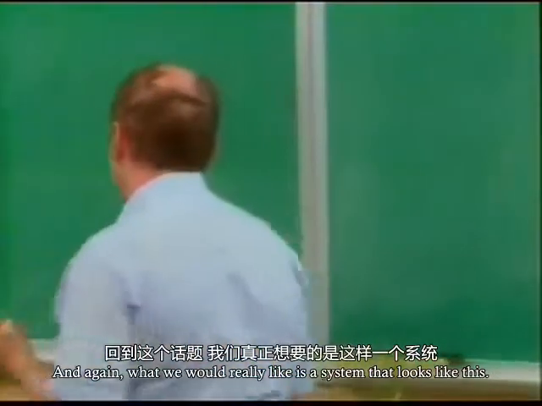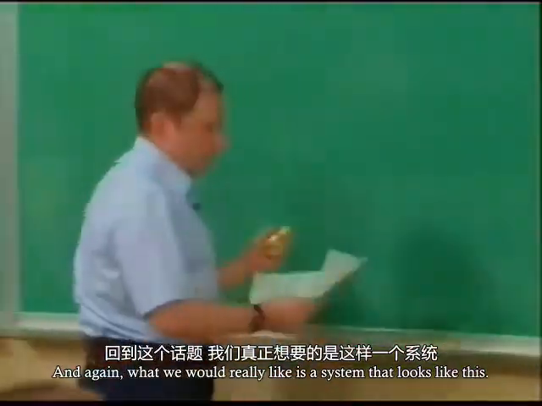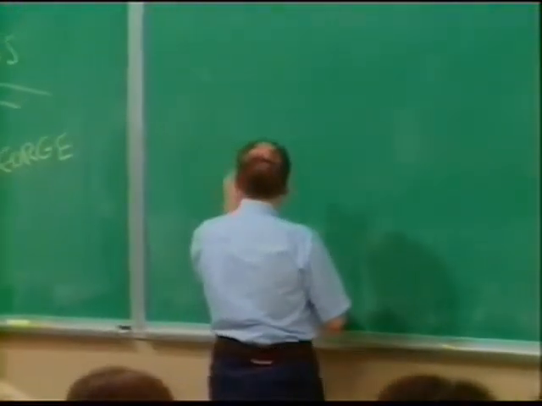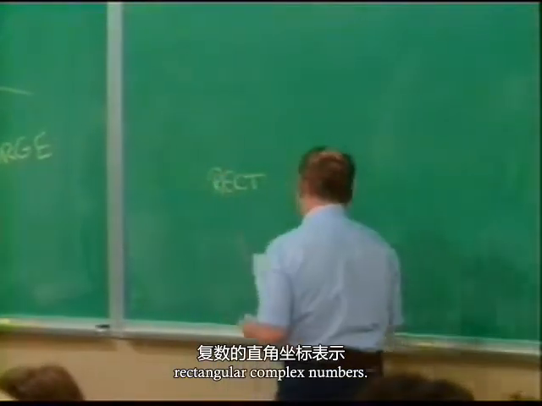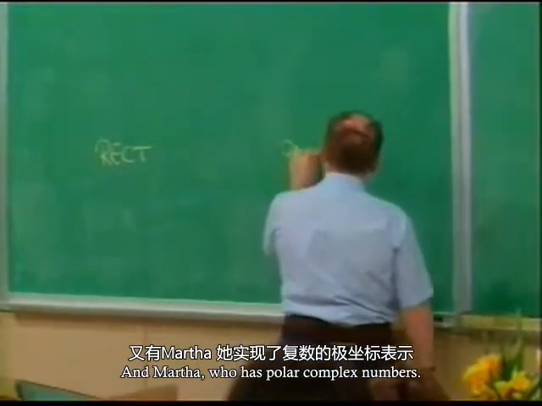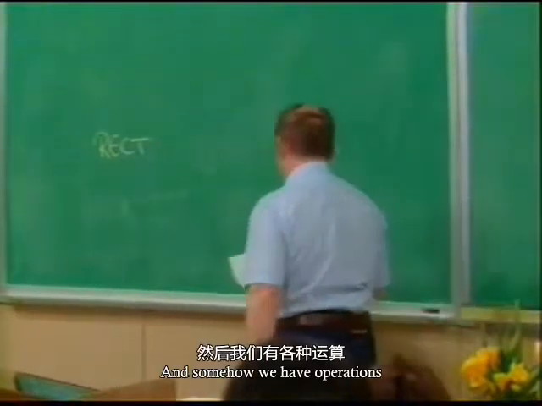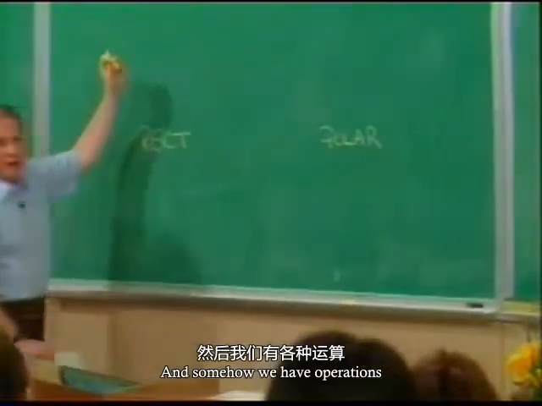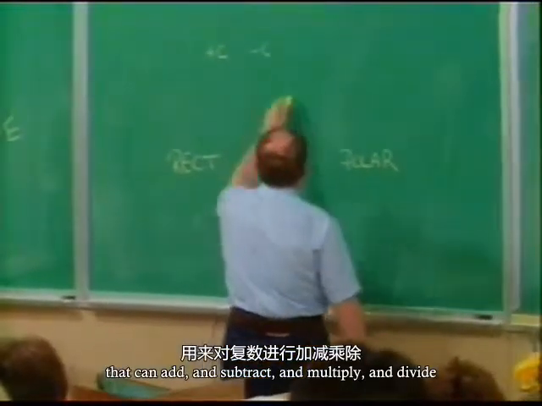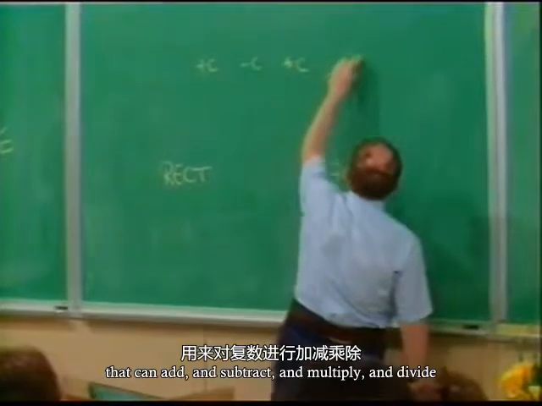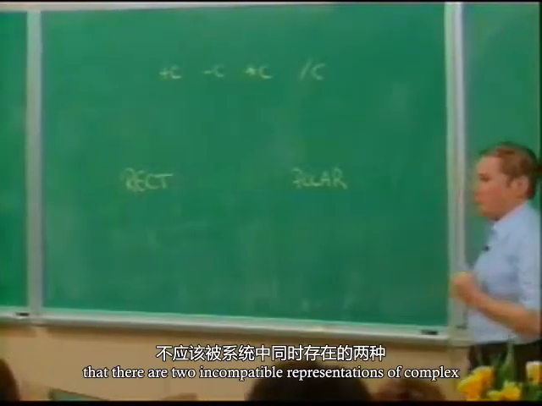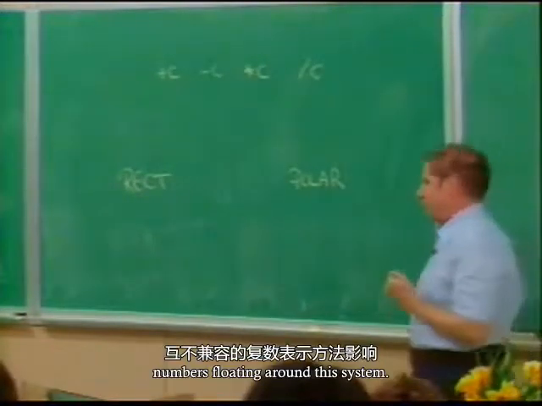And again, what we would really like is a system that looks like this. That somehow there's George over here who has built rectangular complex numbers. And Martha, who has polar complex numbers. And somehow we have operations that can add and subtract and multiply and divide. And it shouldn't matter that they're two incompatible representations of complex numbers floating around this system.